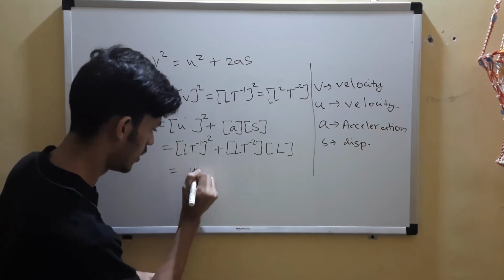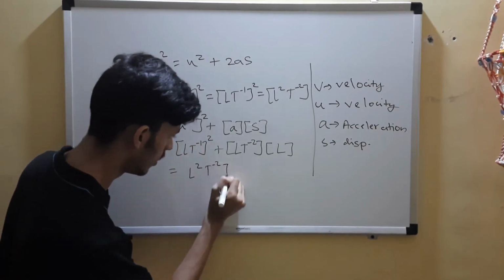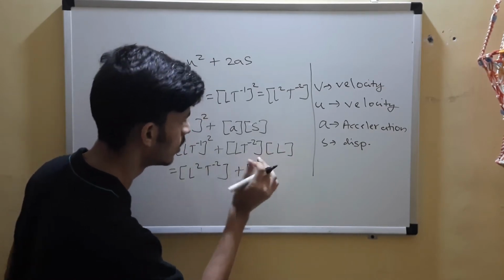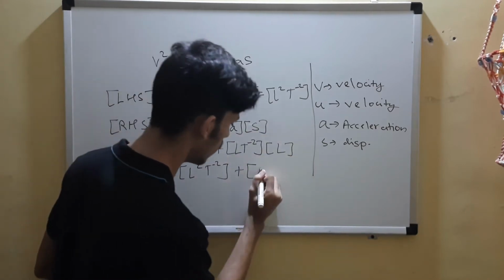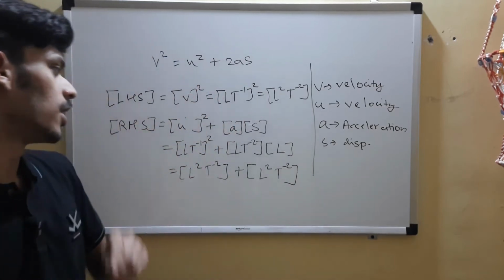Now you can check that, multiply 2 to each term inside, power of each term, and here L, so 1 here, 1 here, 1 plus 1, 2, L2 T raised to minus 2. Now you can check it out.